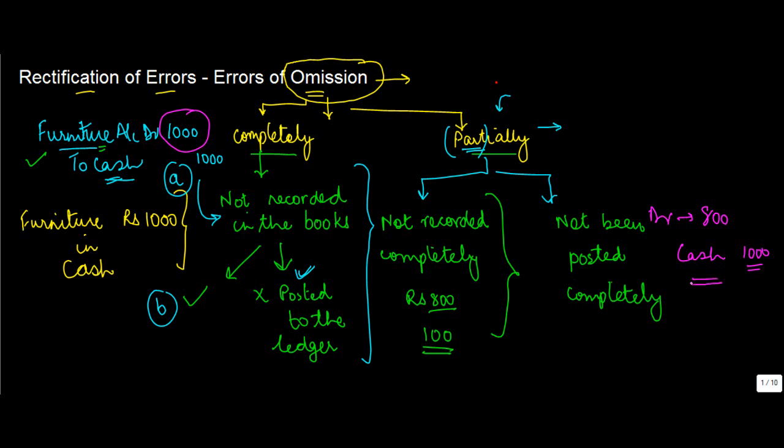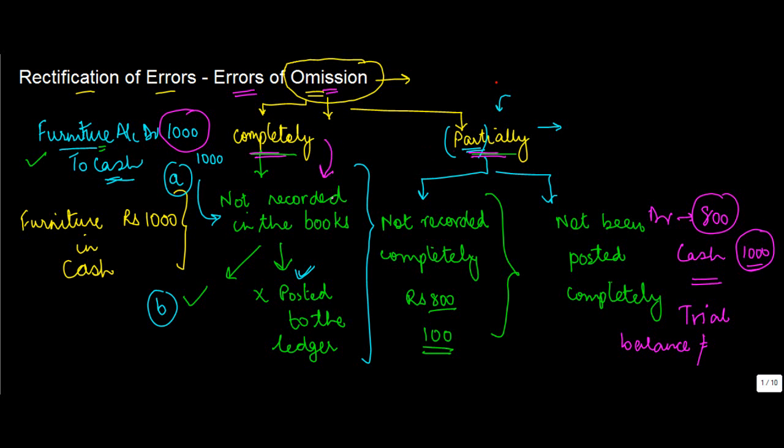In this case, the result will be what? Because the debit is 800 and the credit is 1,000, your trial balance would not agree, it is not equal, right? So that is what errors of omission are. You omit the transaction. It could be omitted completely, it could be omitted partially.